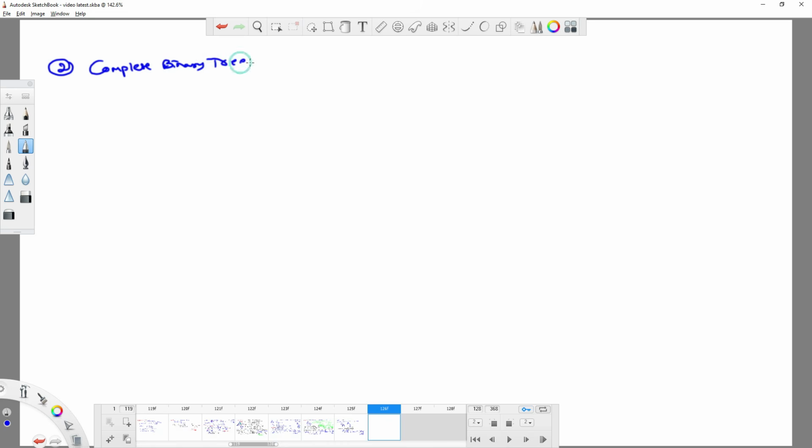Complete binary tree. What does complete binary tree mean?